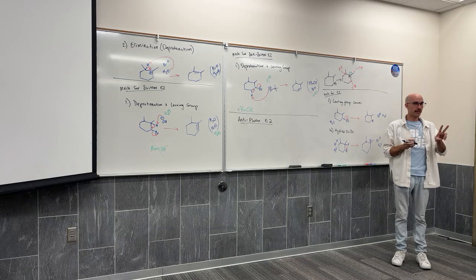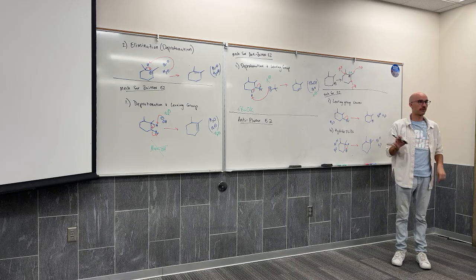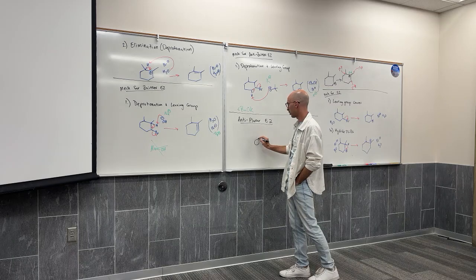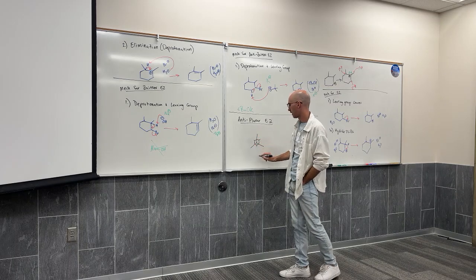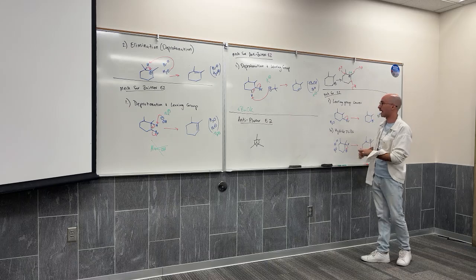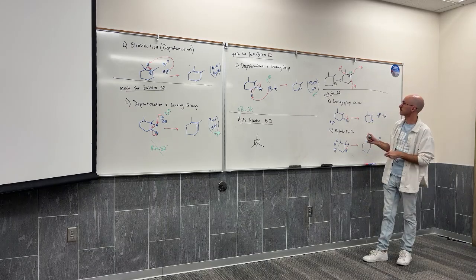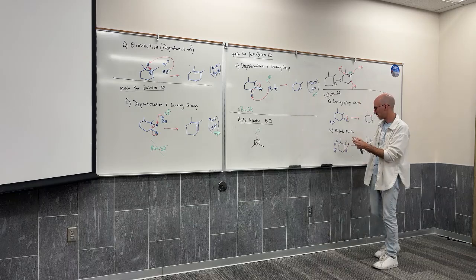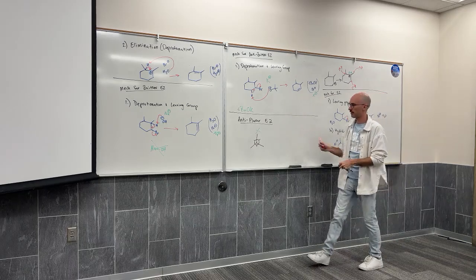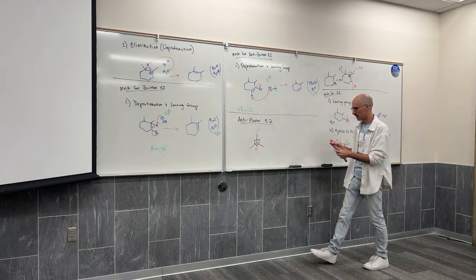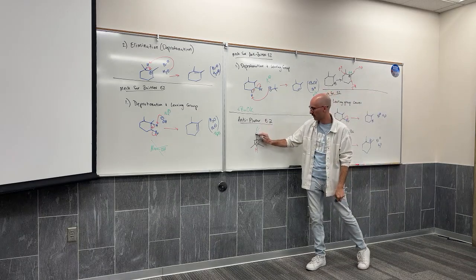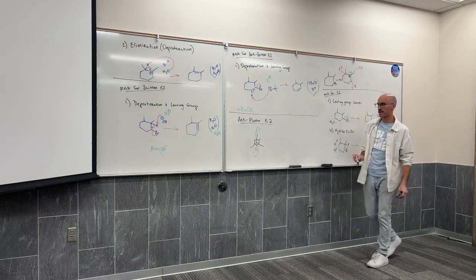There's two things that we can look at for this antiplanar geometry. If we're looking at a Newman projection, that means that we're looking at a leaving group and a beta hydrogen that are oriented in the same plane and opposite of each other.